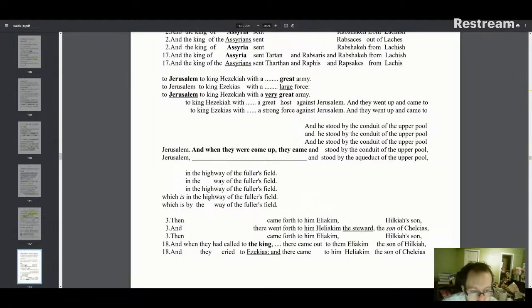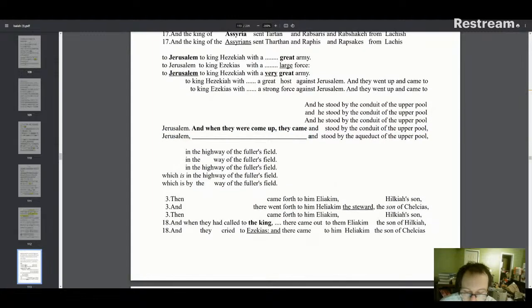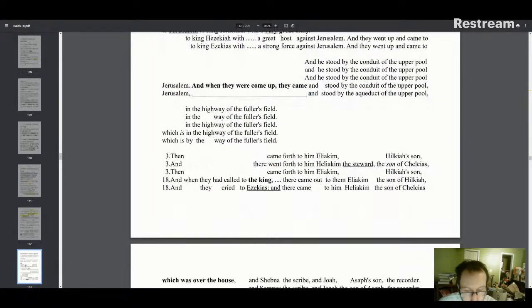Here we have this: it says this twice in Second Kings in the Hebrew. They went up and came to Jerusalem, and when they were come up, they came and stood by the conduit. It's not clear if the Septuagint found that repetitive and just condensed it, or if the Hebrew. Sometimes what happens in the Hebrew is they'll write it twice accidentally. So it is very possible that they wrote this twice accidentally, and the Septuagint might preserve the original shorter reading. But it could go either way.